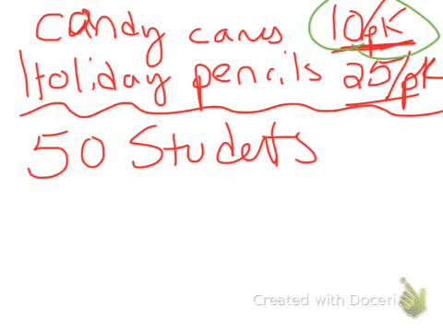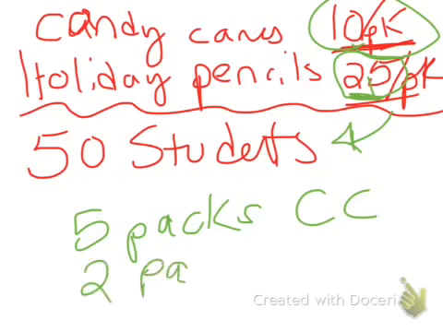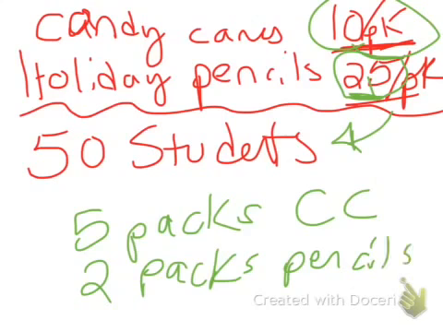I would just do 50 divided by 10, and that would be 5 packs of candy canes. And holiday pencils come in packs of 25, so I would need to buy 2 packs to get to 50. So 2 packs of pencils. That's all there is for that problem. If you make a mistake on any of these problems, go back, check your work, and redo it.